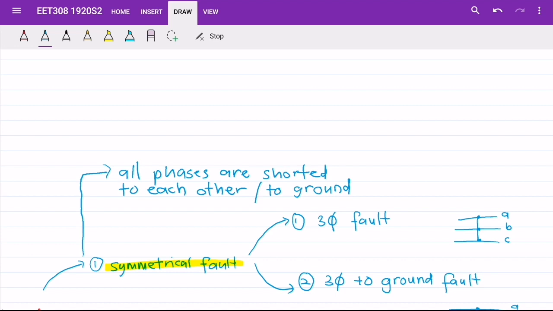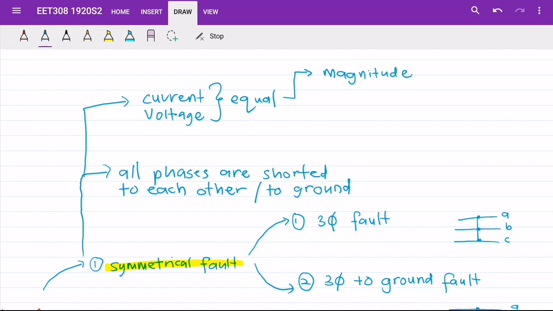For symmetrical fault, the values of current and voltage are equal for each phase in terms of magnitude and equally displaced by an angle of 120 degrees.